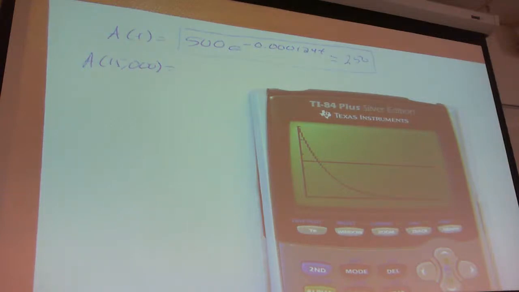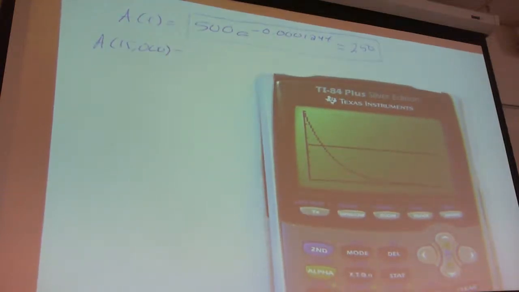Okay, what do we push? Second trace. Which one? 5. And what? Enter, enter, enter. We did this a lot last class. If you're forgetting what buttons to push, we got some problems.